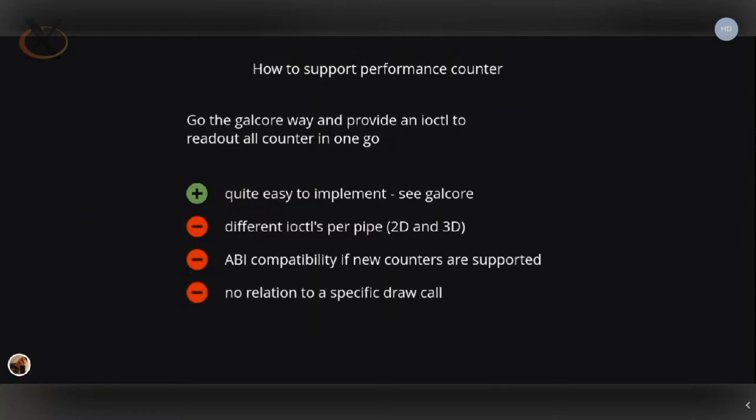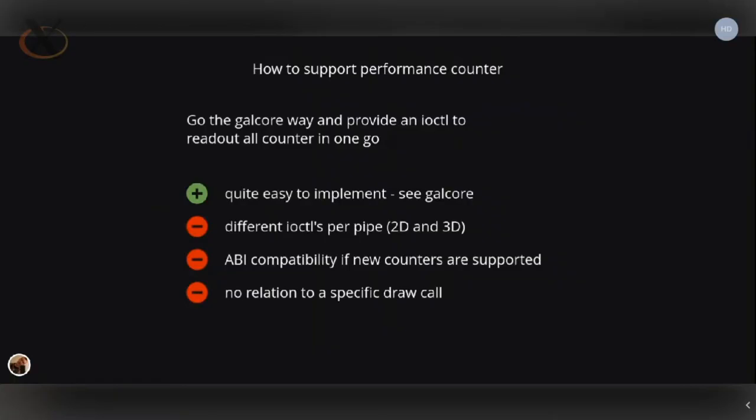The next problem with this whole approach of sampling, cyclic sampling, one-shot sampling, or I'm not sure how I should call it, is that there is really no relation to a specific draw call. And I think that is quite an important thing. If you want to analyze one frame and see what the GPU is doing, it is much more helpful than having a rough overall state.